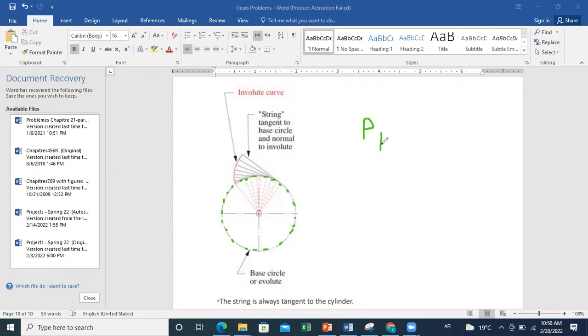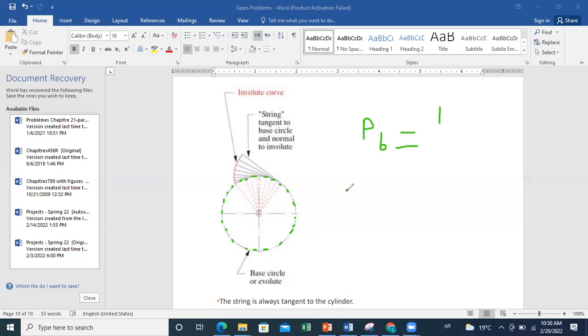And we have a relation between PB and the diameter of our base circle, like the relation between the diametral pitch and the circular pitch and the diameter of the pitch circle.